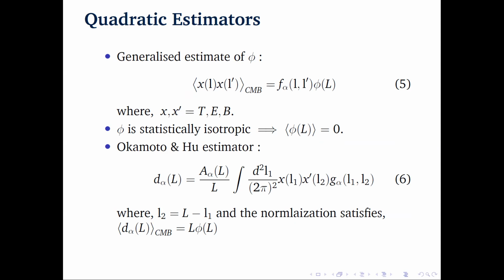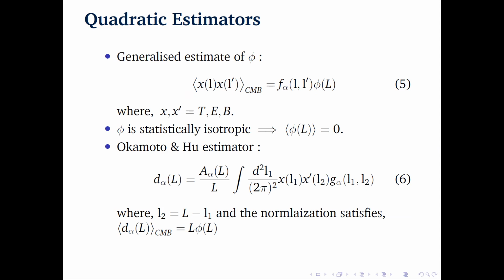If we take this quadratic pair and average it over an ensemble of multiple realizations of CMB for a fixed realization of the lensing potential, we get an estimate of this lensing potential. But we cannot use this estimate directly, because the lensing potential also has a Gaussian distribution and is statistically isotropic. If we average over multiple realizations of the lensing potential, we get an average of zero lensing potential signal.